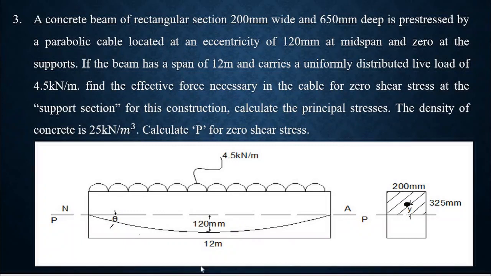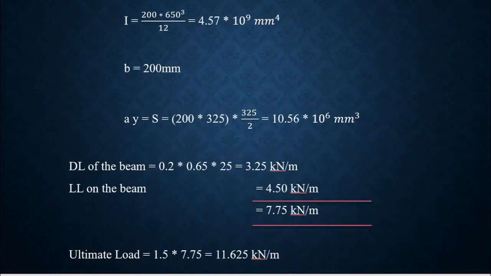It has an eccentricity of 120 mm at the midspan and 0 at the supports, and the span has a length of 12 meter, carrying a uniformly distributed live load of 4.5 kilonewton per meter, and the density of the concrete should be considered as 25 kilonewton per meter cube. So let's see the next slide.